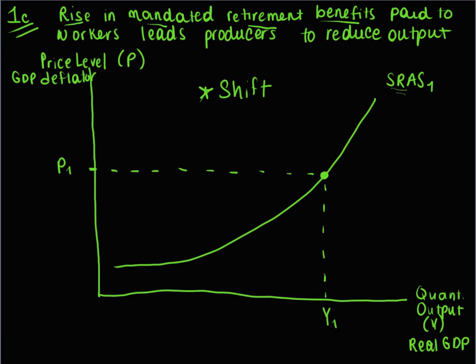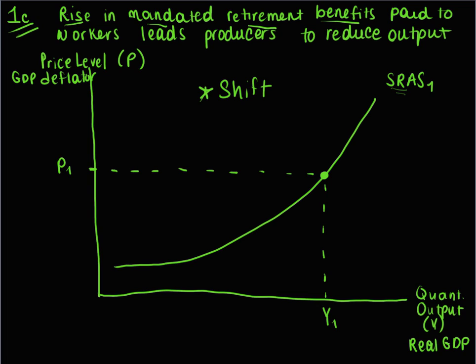So if they experience a rise in this mandated retirement benefit, their only choice in the short run, well, they can choose simply not to reduce supply, but given that our suppliers are profit maximizers, they are going to shift over to the left. They're going to reduce their supply at the same price level. Price levels in the economy have not changed, but they're going to reduce their supply.